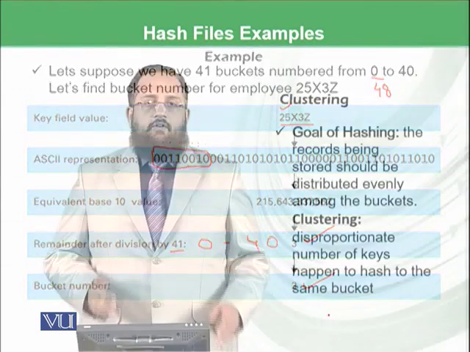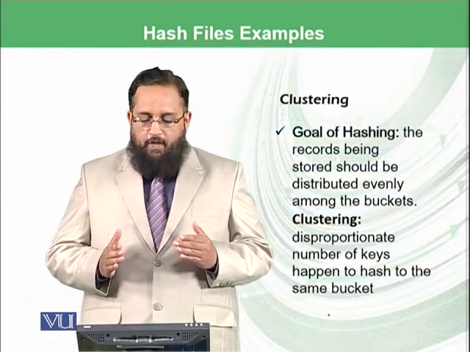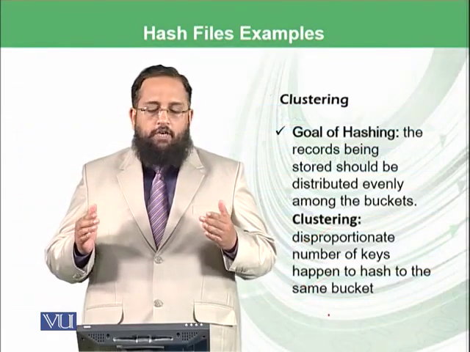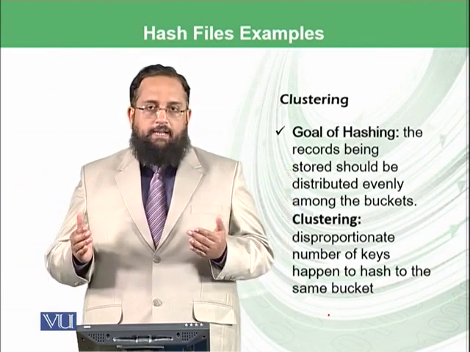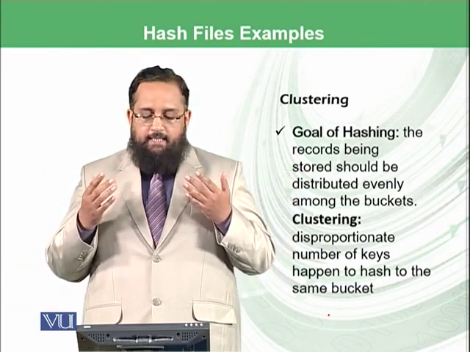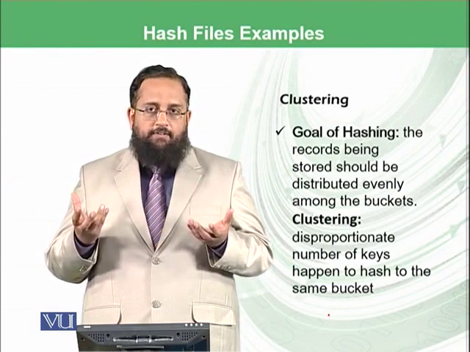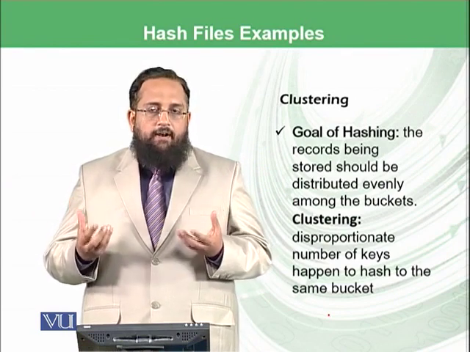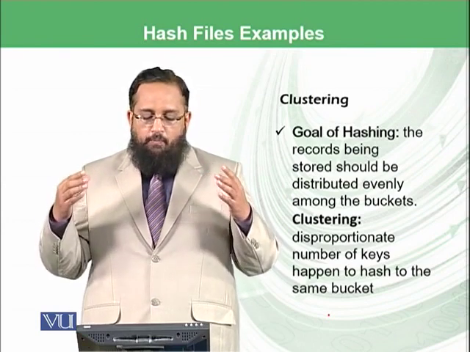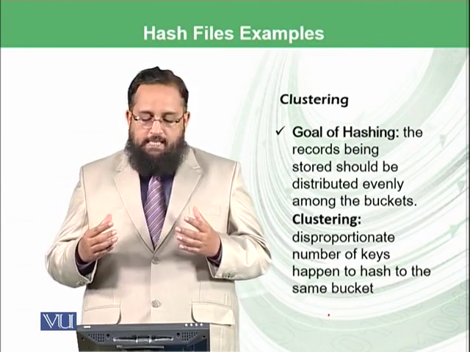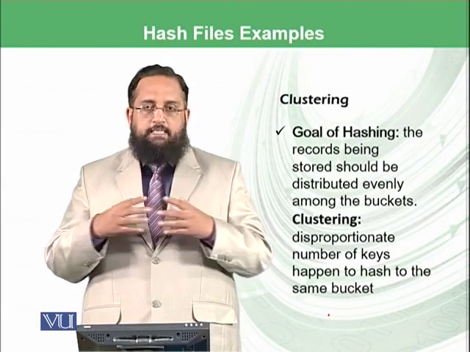There is another concept known as clustering. The records being stored should be distributed evenly among the buckets, and this is the goal of hashing, as we have discussed. What does clustering mean? It means that a disproportionate number of keys happen to hash to the same bucket.